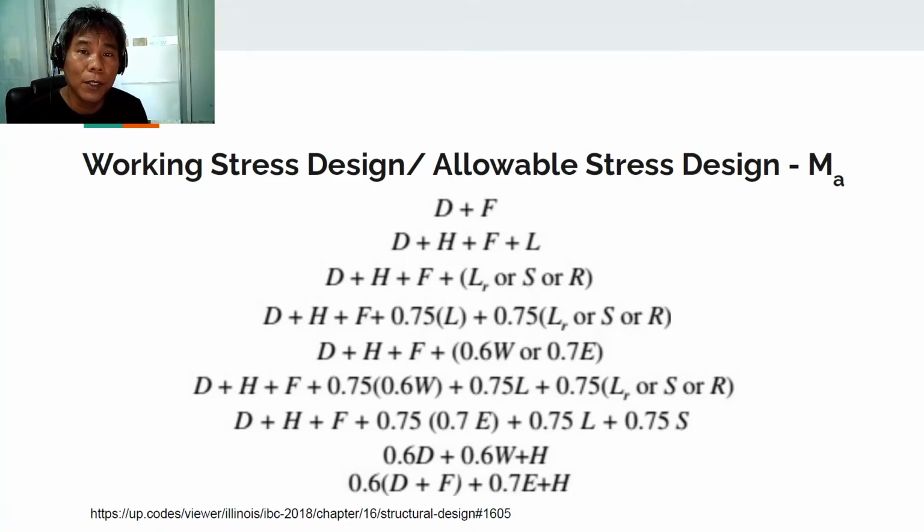So you can compute the actual stress in terms of dead load only, or a combination of other loads: dead load plus live load, dead load plus roof live load, or snow or roof, whichever is higher. Also, we have dead load plus 75% of the live load plus 75% of the roof live load, or dead load plus 0.6 of wind or 0.7 of earthquake. So you can continue to the bottom.